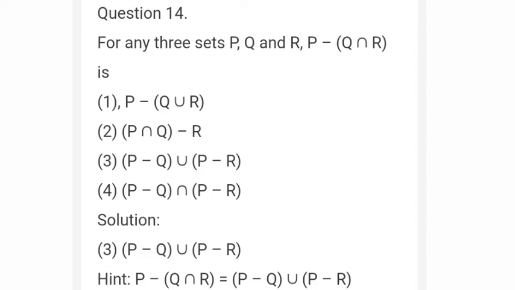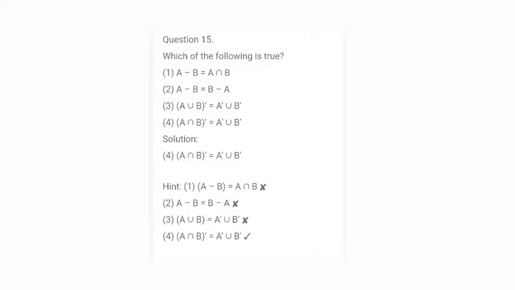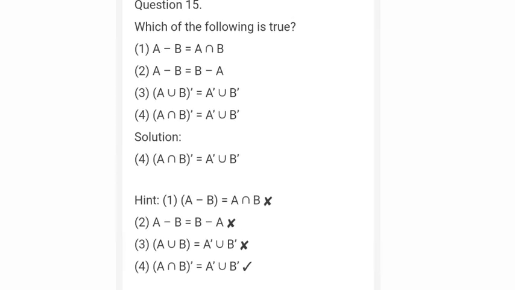This is De Morgan's law for set difference. Question number 15. Which of the following is true? First one, A difference B equal to A intersection B. Second one, A difference B equal to B difference A. Third one, A union B the whole dash equal to A dash union B dash. Fourth one, A intersection B the whole dash equal to A dash union B dash.